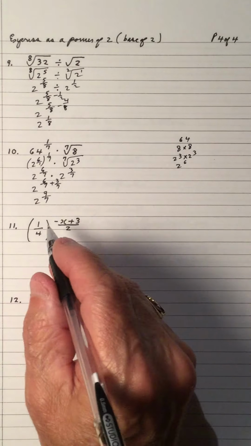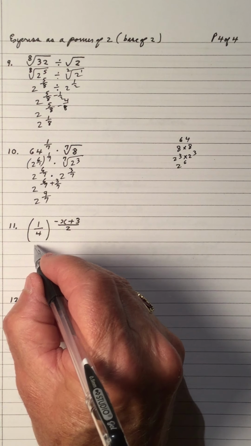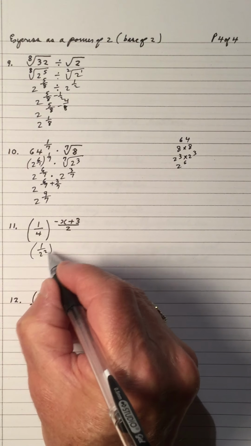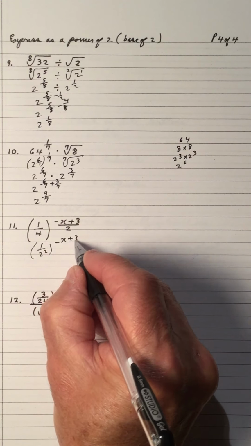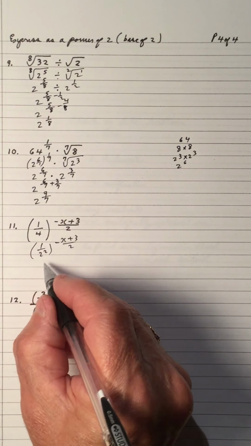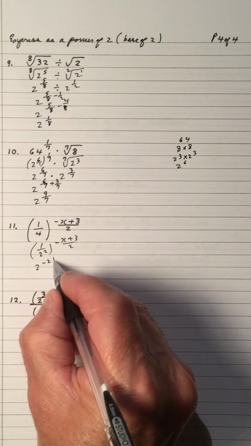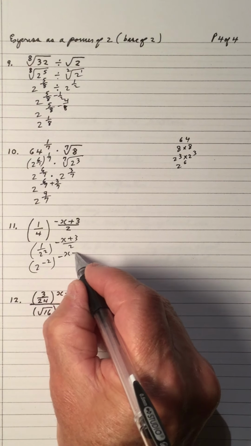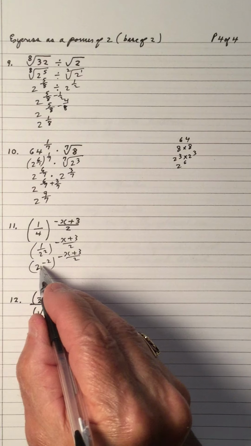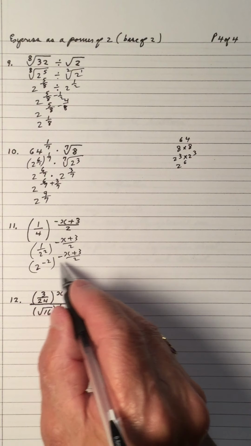And number 11, we need a base of 2. So 1/4 is 1 over 2 squared. Write down the exponent, power. So 1/4 is 1 over 2 squared, which is 2 to the negative 2. And we have a power of a power, so we're multiplying these.